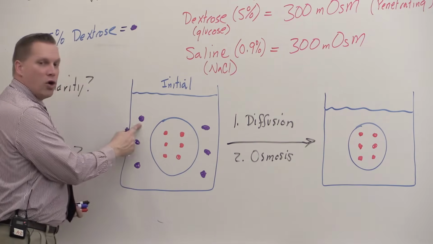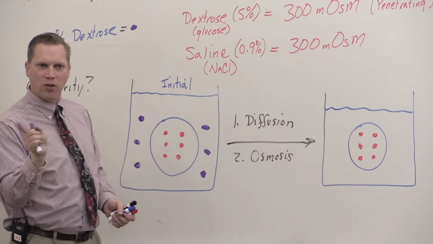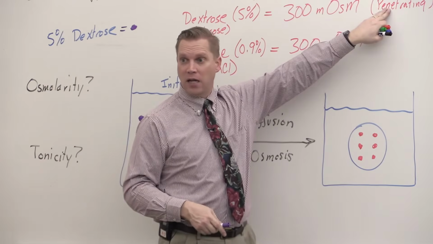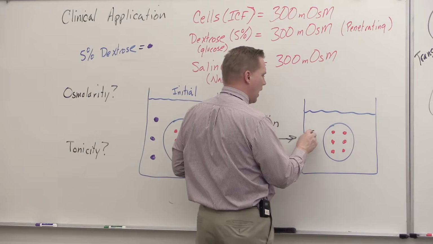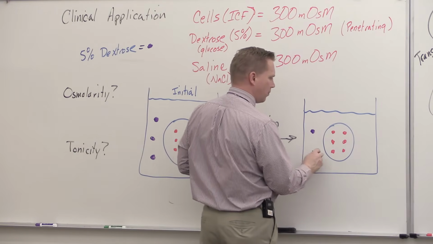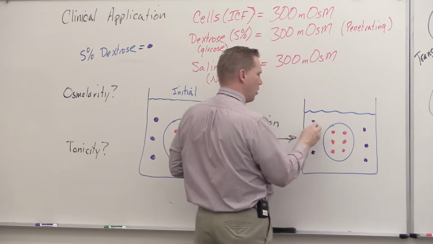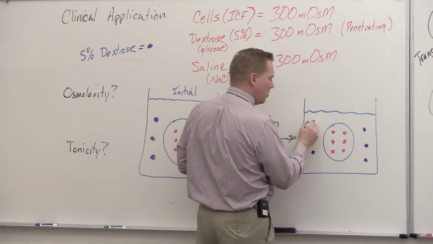But we've got glucose on the outside. So we ask ourselves, was glucose able to diffuse? Well, remember earlier we said that it's penetrating. And so, yeah, glucose diffuses. We had 6 dots. But these dots will diffuse across that membrane, and so they do so.